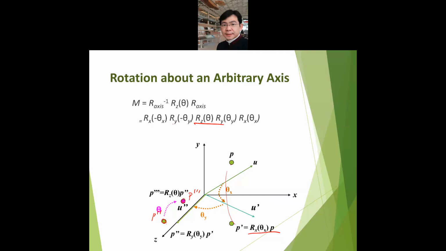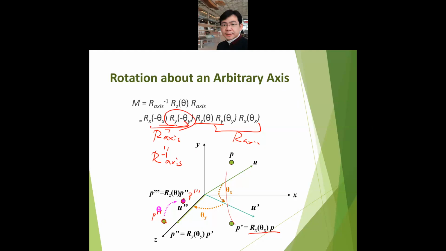Then we can perform the inverse process. As we mentioned in the last lecture, you actually have to get the transpose of each R matrix, because the transpose is equal to the inverse, but here I decompose it step by step. So we have P double prime and triple prime here.